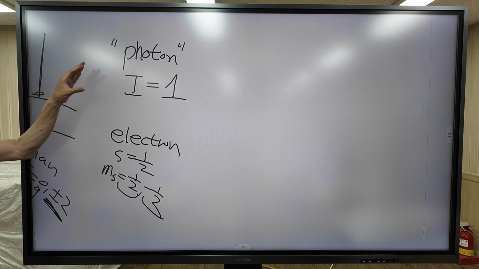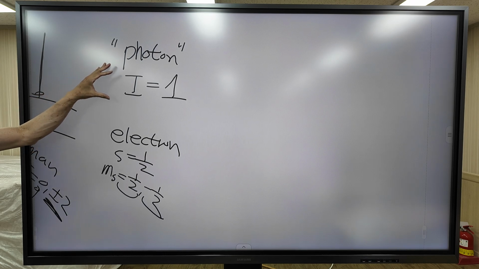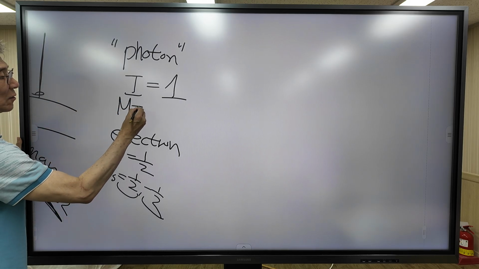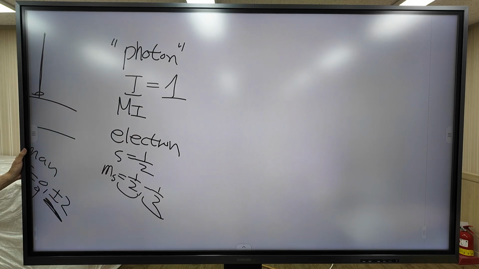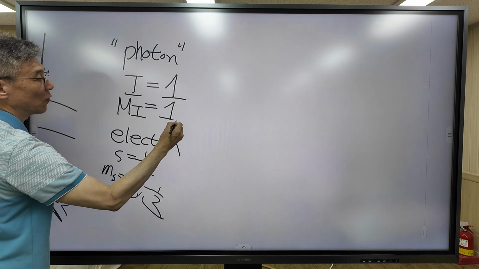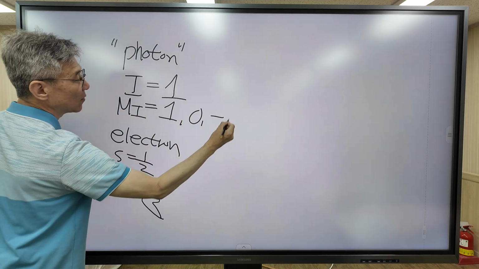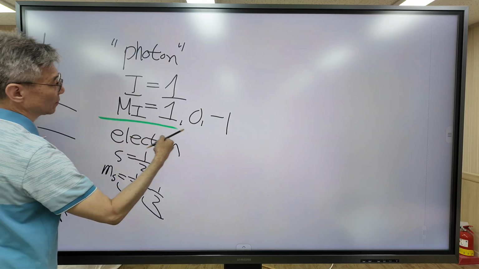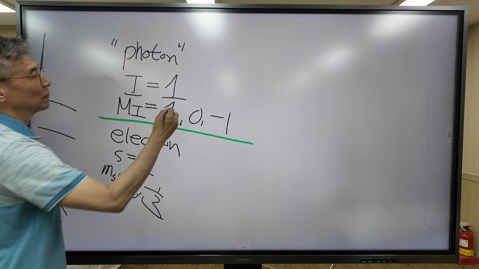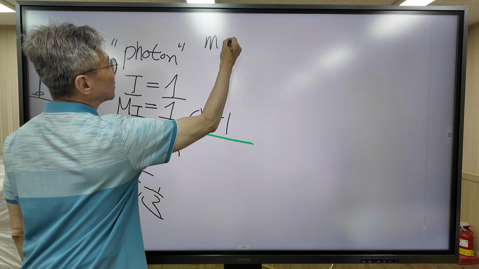Similarly, the spin quantum number for photon is I equal 1. So we can define magnetic quantum number Mi. When I equal 1, Mi can take three values, 1, 0, minus 1. But photon is very unique in that photon is a massless particle.